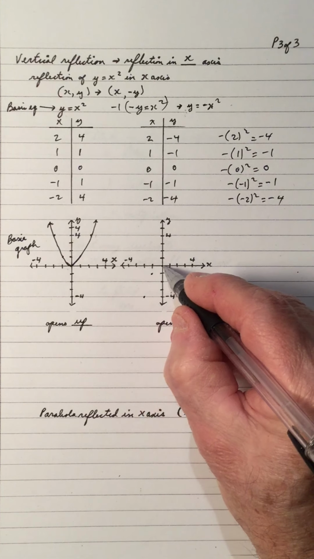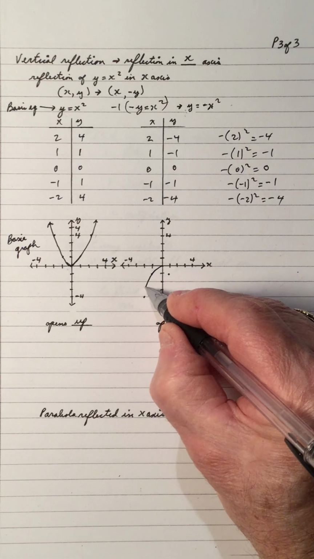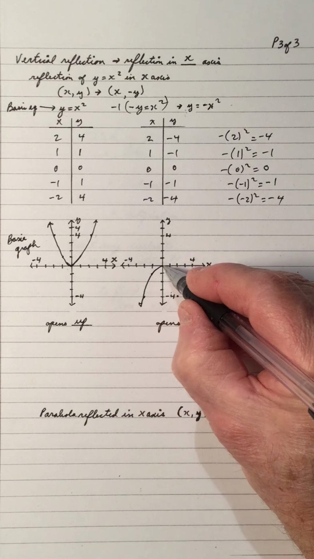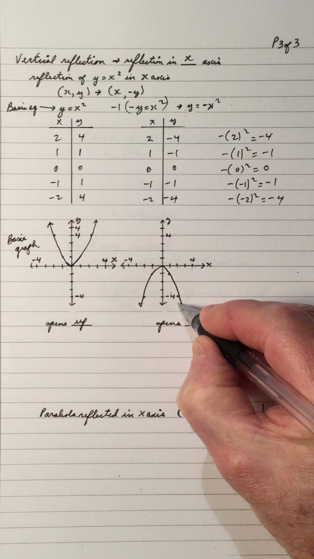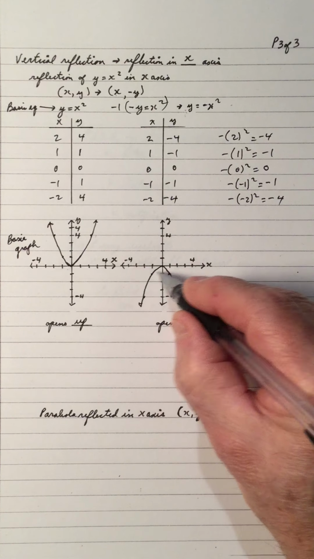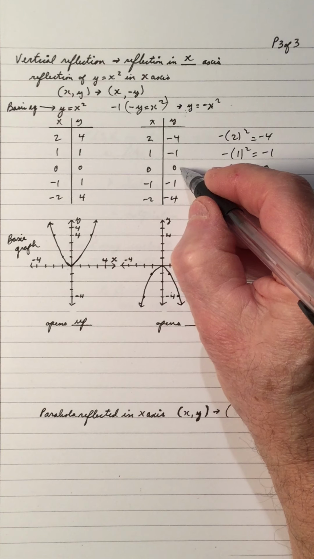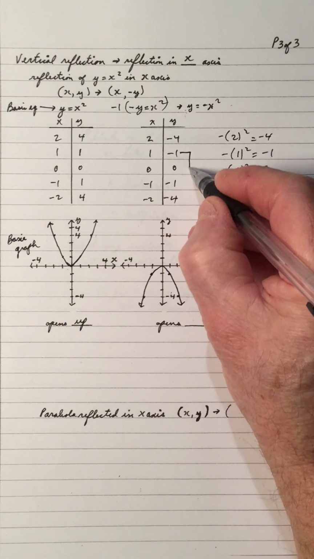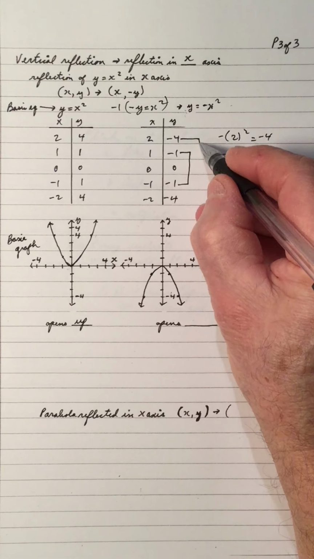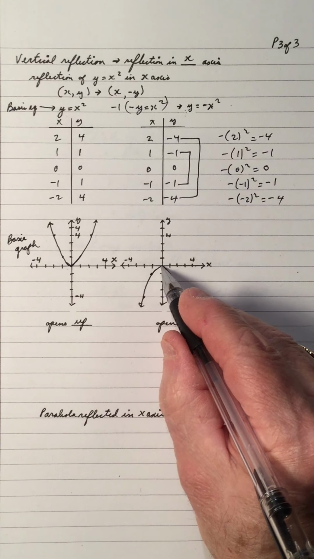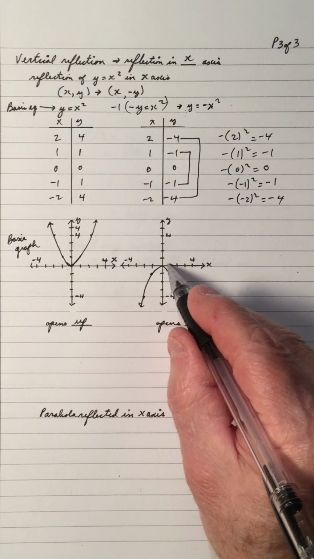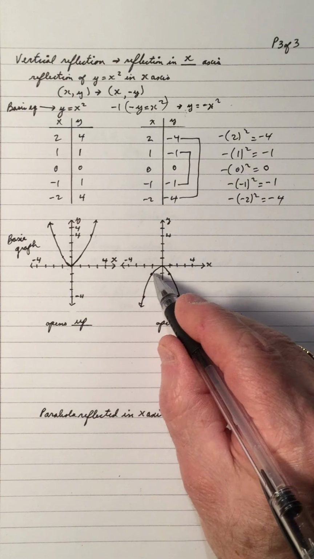So notice now, when you reflect, here's the parabola going through the points. Notice this is still the vertex. As you move 1 to the left or right, you still get the same y value of negative 1.